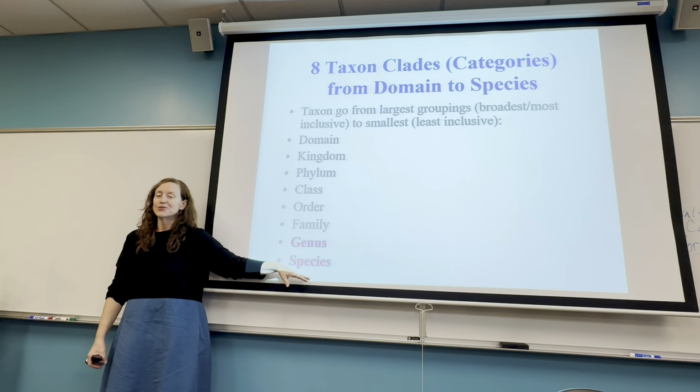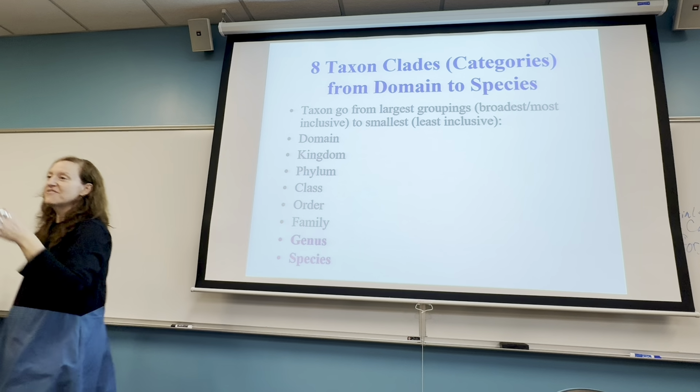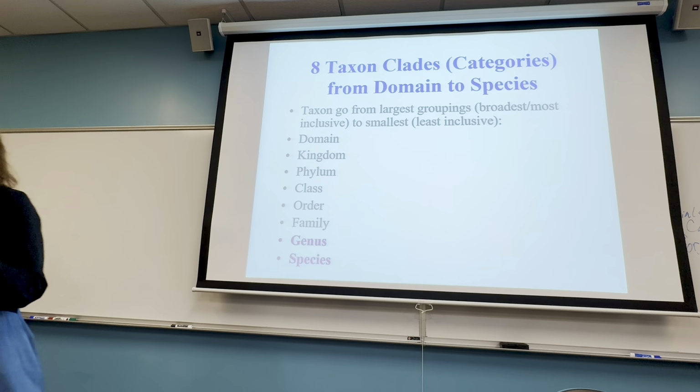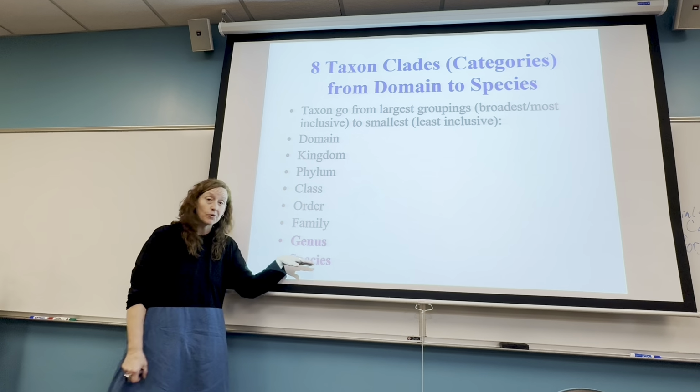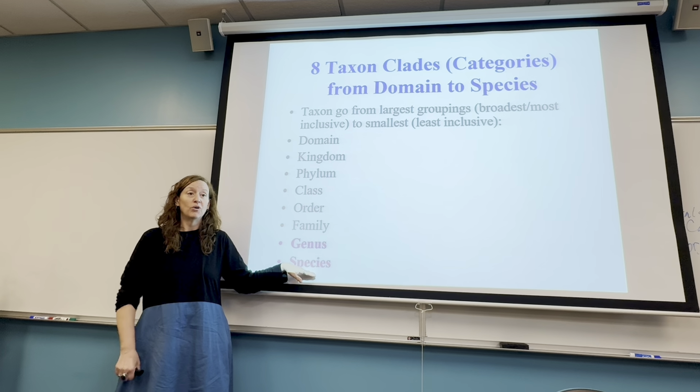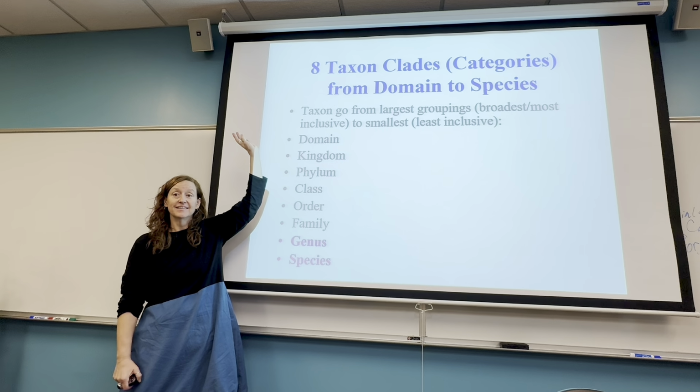I like that they use the term species because that means specific, that this group specifically can only mate with others of the same group. They are isolated from all of the other taxon.